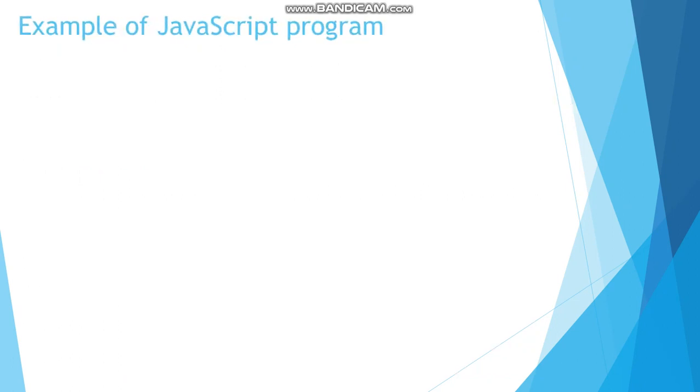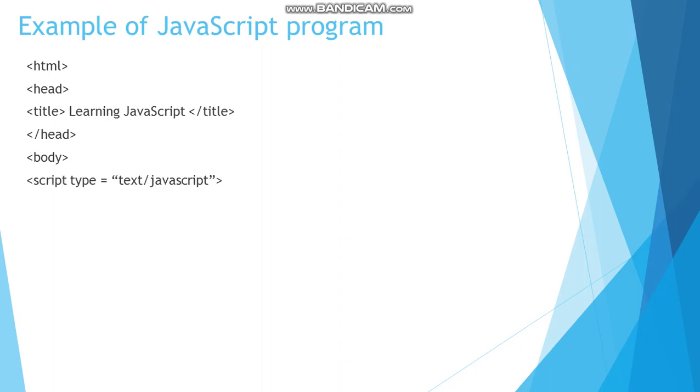Another example we will see, assuming that we are writing in Notepad. So HTML, head part, body part started. So this program we are writing in the body part. So script type is equal to text/javascript. Now the JavaScript statement starts from here. var username.